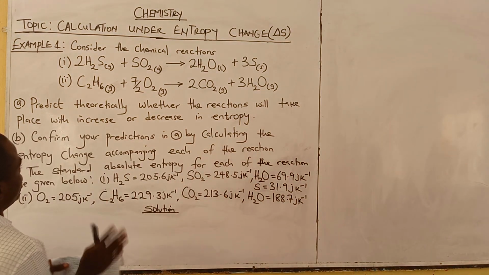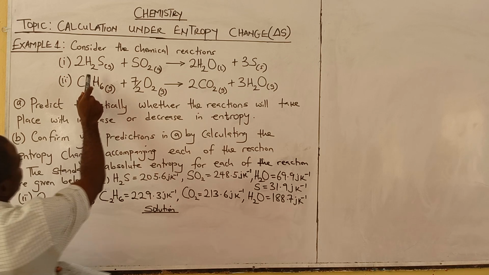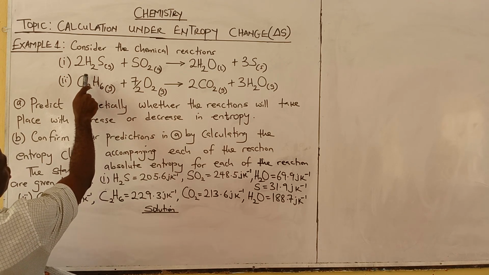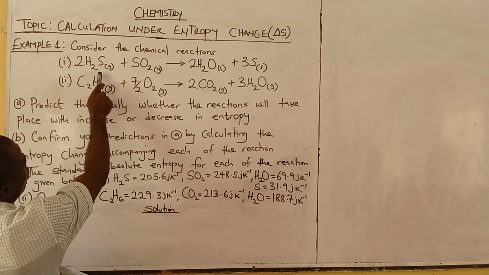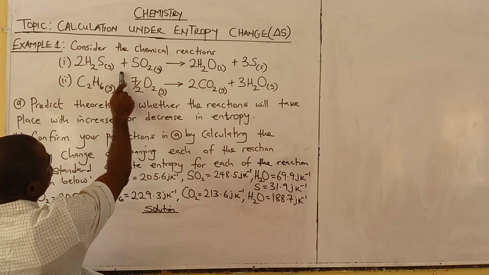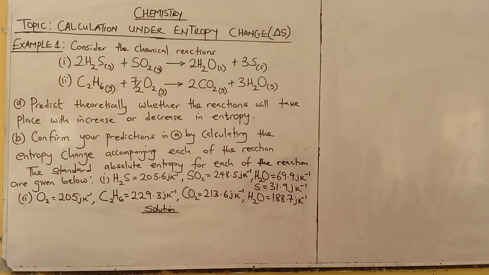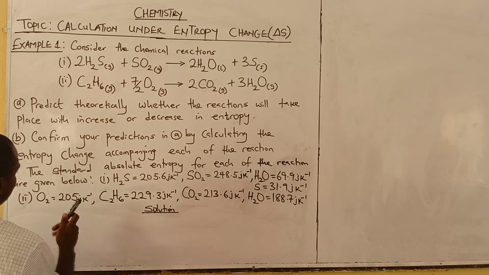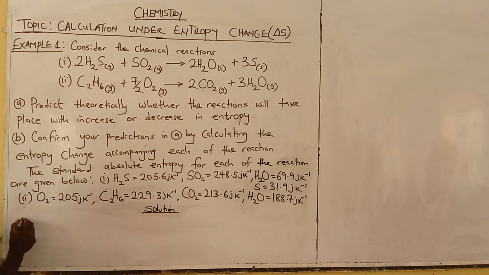Okay, how to predict is that the number of moles of the gaseous substance at the reactant side is 3. Let's write it down.